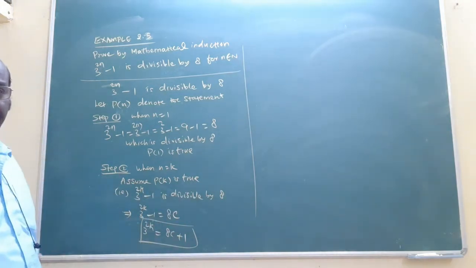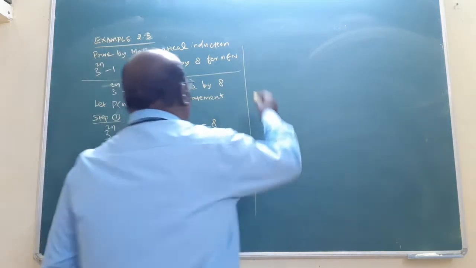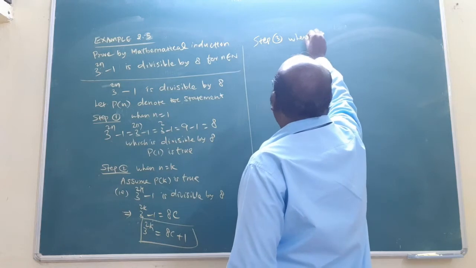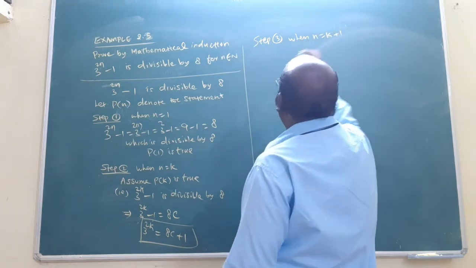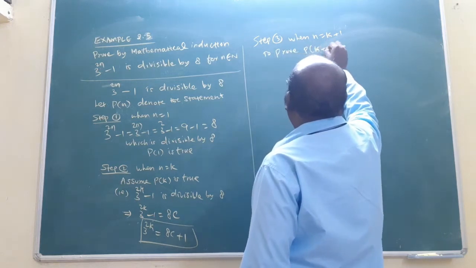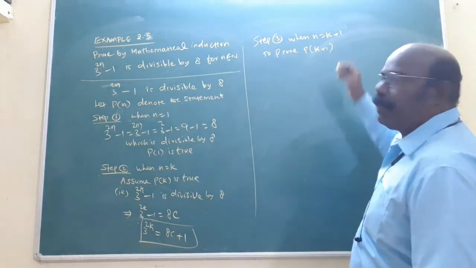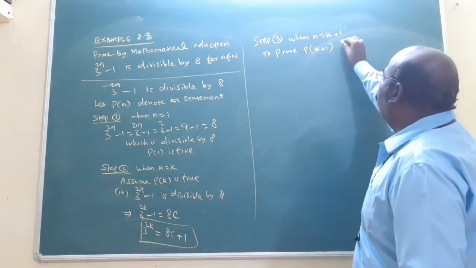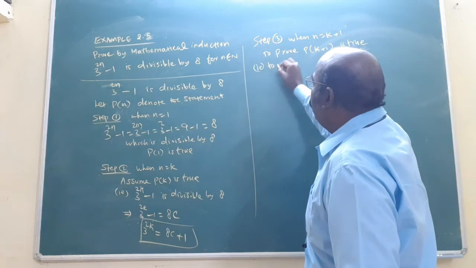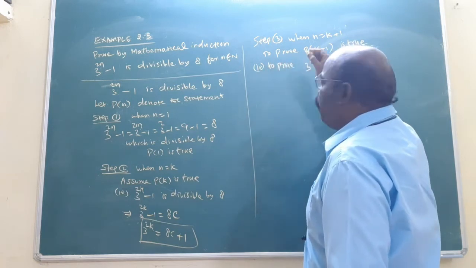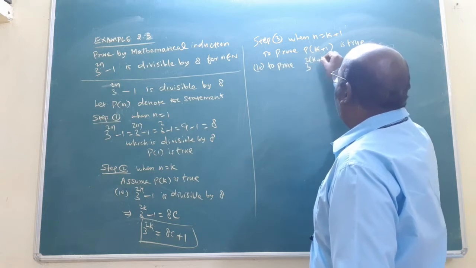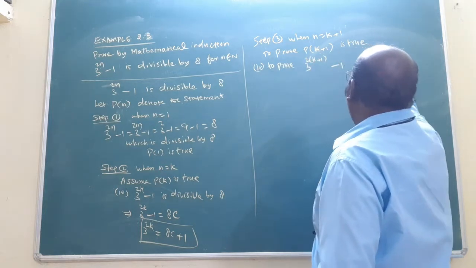This is our assumption. Now you want to prove step 3: when n equals k plus 1, to prove P of k plus 1 is true. The same thing only. That is, to prove 3 power 2 into k plus 1 minus 1 is divisible by 8.